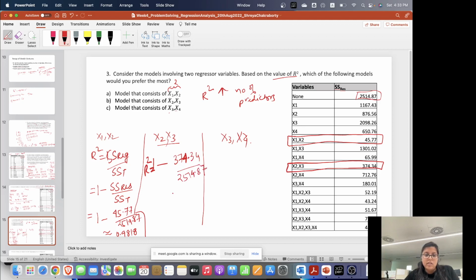We calculated this earlier, and it came out as something like 0.85. Similarly for x3 x4, this should be 180.01 divided by 2514.87, and then this will come out as 0.9284.